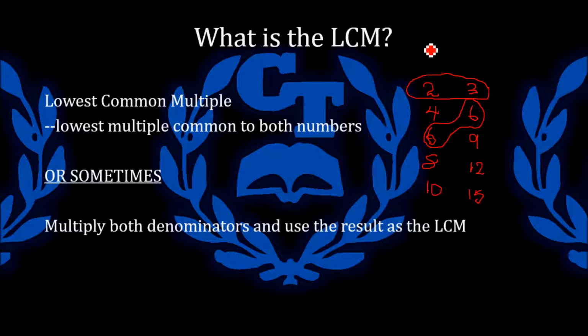Say for example I use the numbers 2 and 4 as my denominators and I am listing my multiples going 2, 4, 6 and then I use 4, 8 and 12. Notice that my LCM, if I inspect the list of multiples, is 4, but if I decide to multiply the 4 by the 2, what I get is the value of 8, and in this case I would have to reduce the fraction that I obtain as my answer.